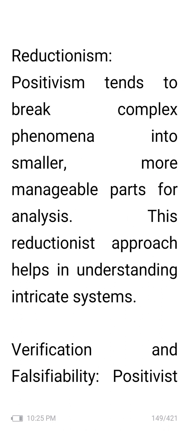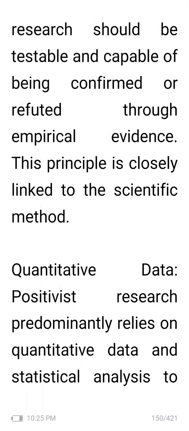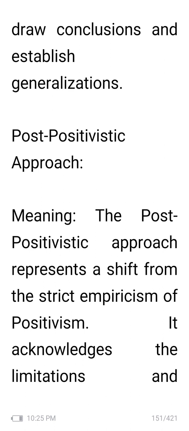Verification and falsifiability: Positivist research should be testable and capable of being confirmed or refuted by empirical evidence. This principle is closely linked to the scientific method. Then quantitative data: Positivist research predominantly relies on quantitative data and statistical analysis to draw conclusions and establish generalizations.